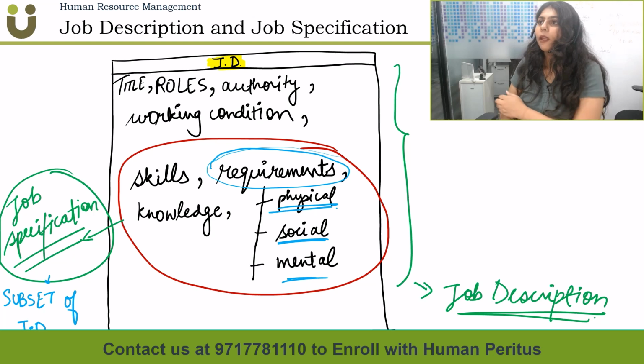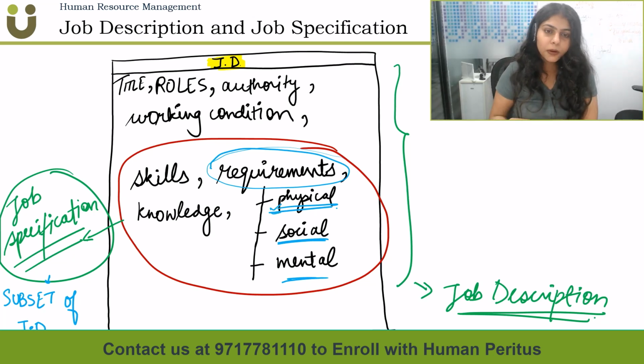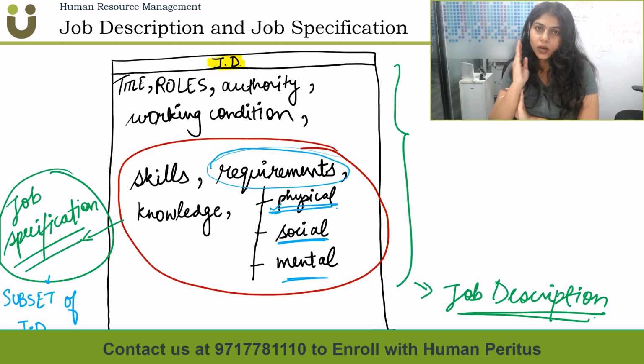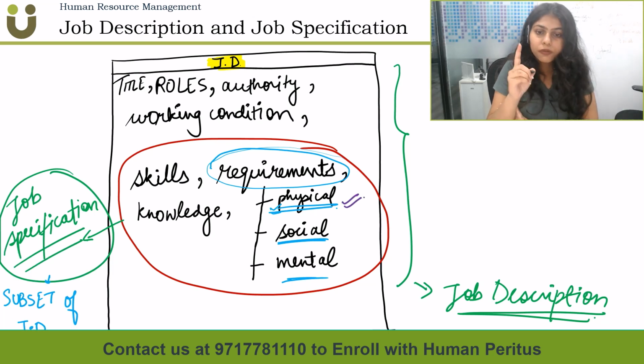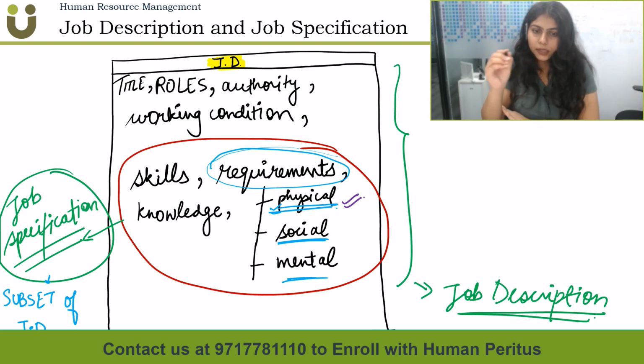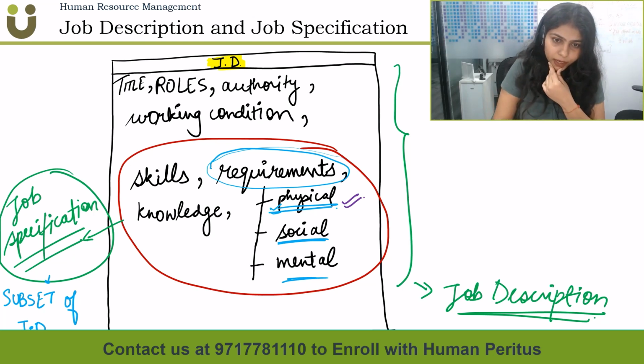Let's say I am applying for a job as a driver or rider for Swiggy and Zomato. Do you think a person who does not have very clear vision should be doing this job? No. So that is a physical requirement on my list, that you have to have vision of this much, or you should use lenses or glasses.